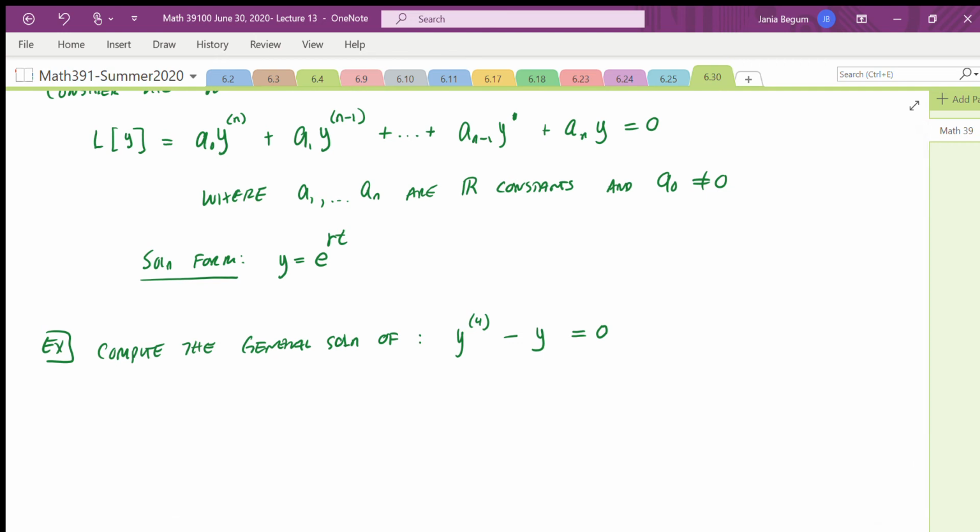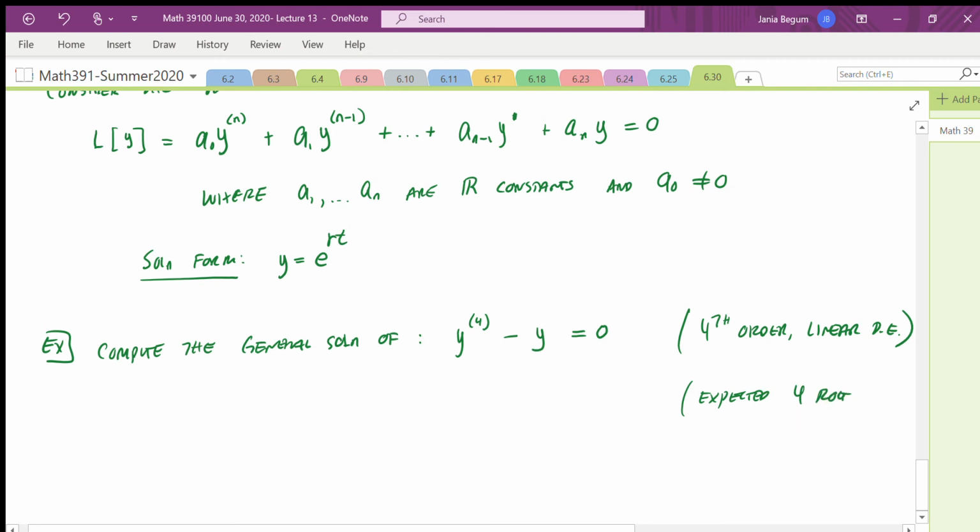Here we have a fourth order linear differential equation, and it's homogeneous. The usual way, we come up with its characteristic polynomial, find its roots, and write the solutions as e to the r1, r2, r3, r4. So how many roots are we expecting? 4 roots. So we have r1, r2, r3, and r4.